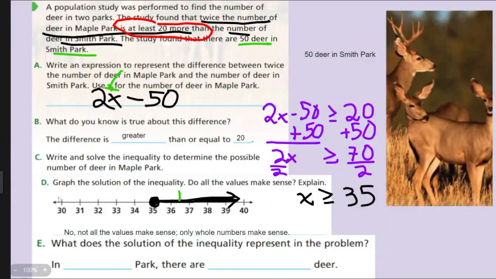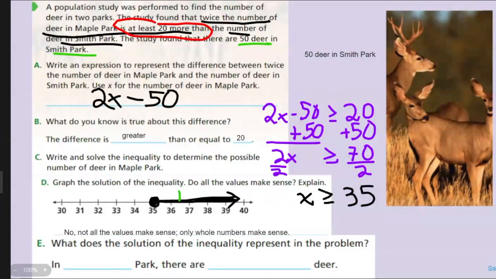Now, part D, what does the solution of the inequality represent in this problem? What does this x greater than or equal to 35 mean? Right? What this means, remember we're talking about two parks, Maple Park and Smith Park. Okay, so we have, remember, x represents the number of deer in Maple Park.